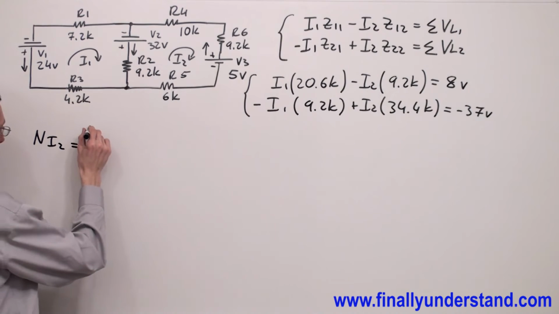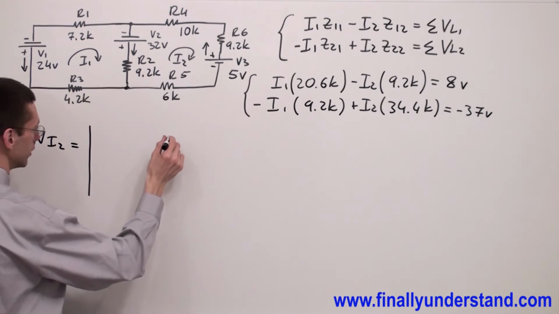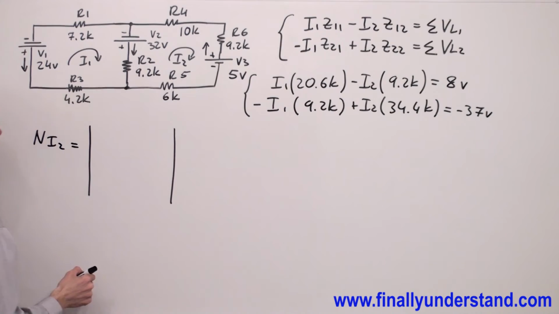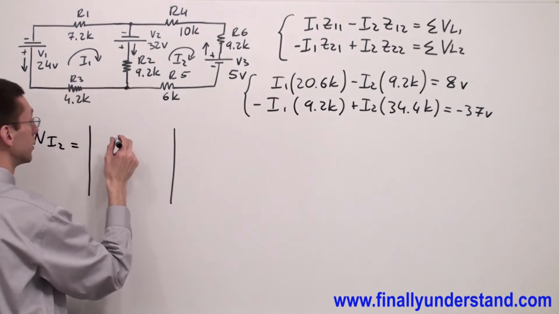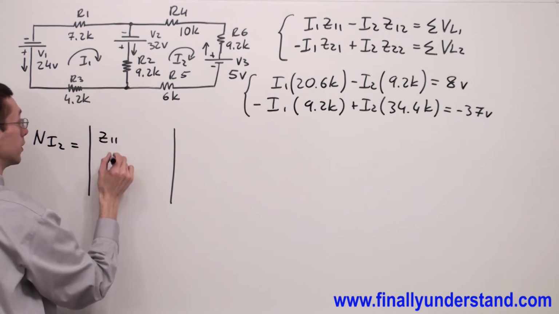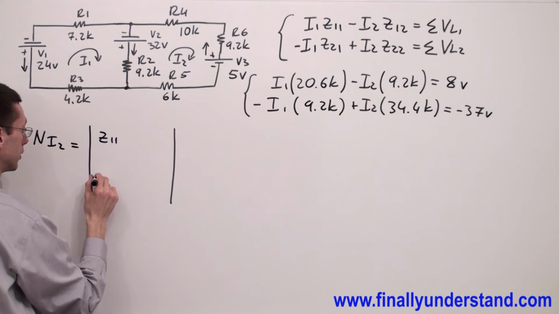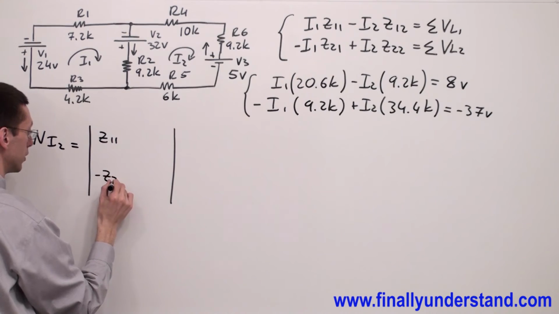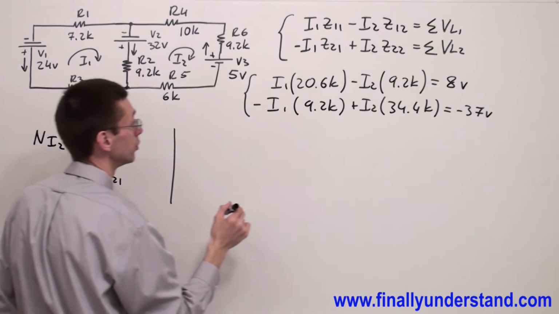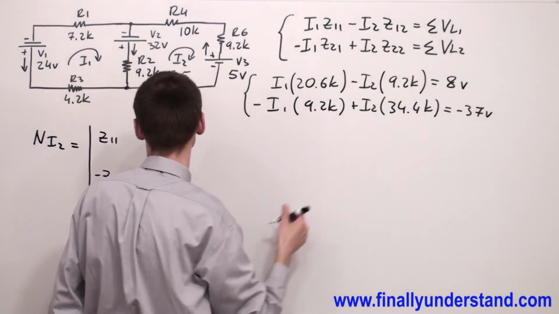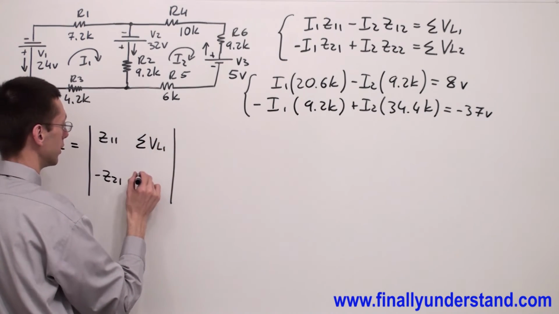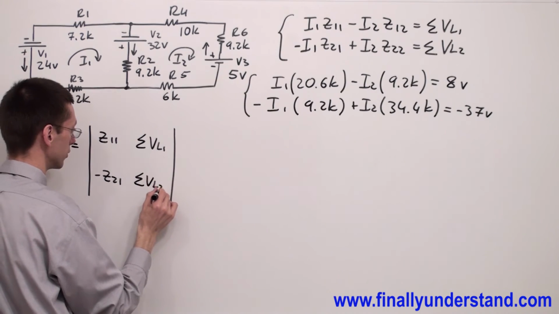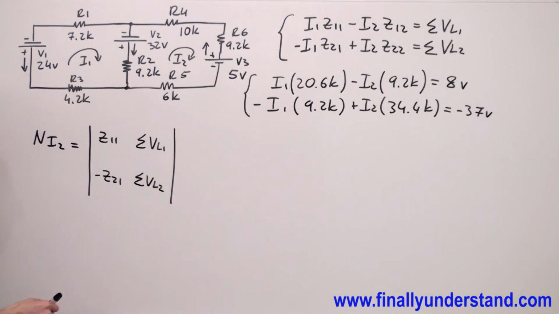NI2, I'm going to calculate by using the integers which are next to I1 in the first column, and I'm going to use the constants, the sum of the voltages in loop 1 and sum of the voltages in loop 2 in the second column of my determinant.